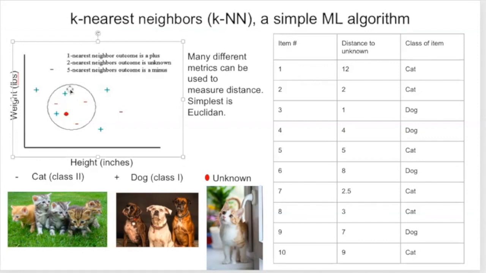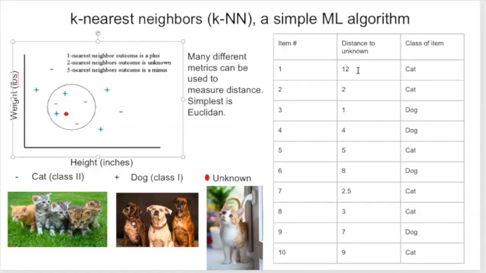If you are doing this by paper and pen, manually, you can take a ruler and measure the distance from this red dot to every other point. So for example, the distance from this red dot to this plus sign, to this minus sign, to this minus sign, to this plus sign, and to this one, this one, this one.